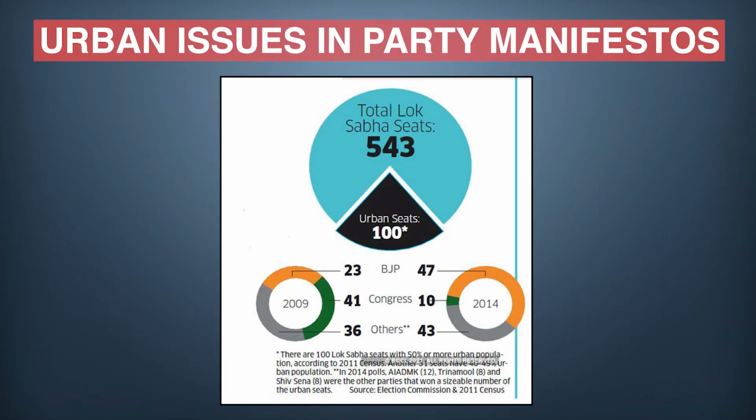Now, out of the 100 urban seats, let us see how the BJP, Congress and other political parties got seats. Of the 100 urban seats, 50% or more urban population in 2009 voted for BJP. In other words, the BJP received 23 seats in 2009 and the number of seats increased in 2014 to 47.